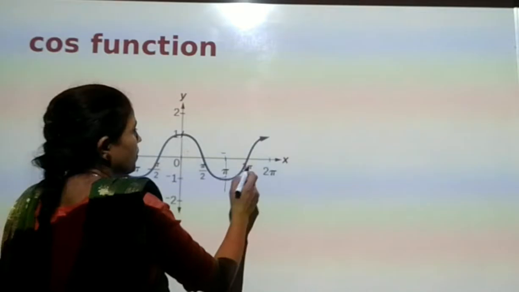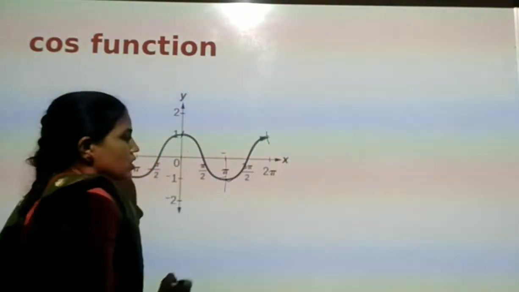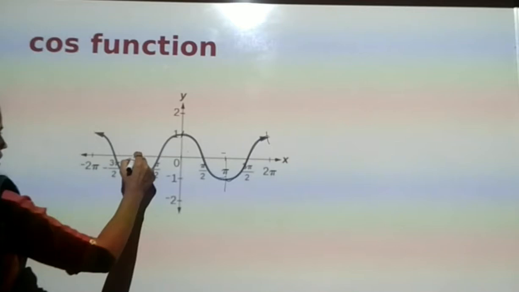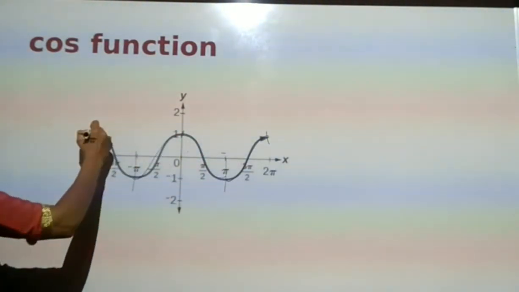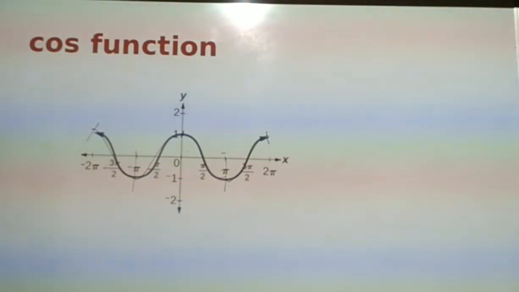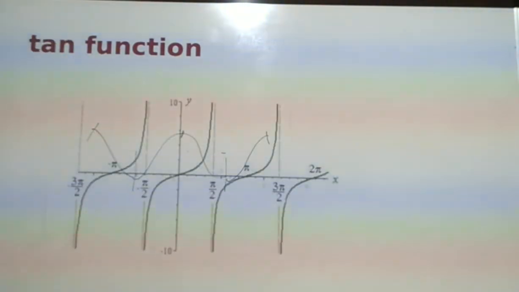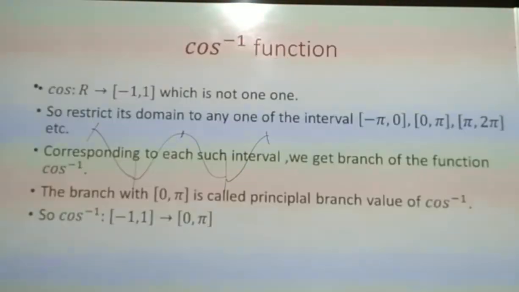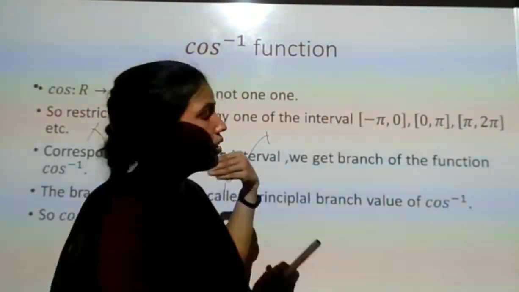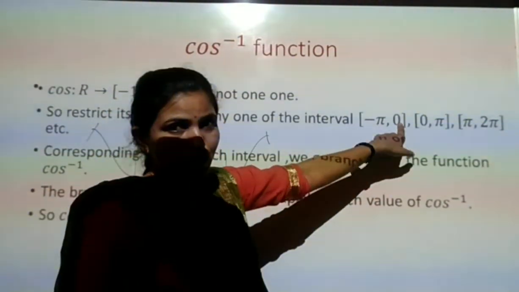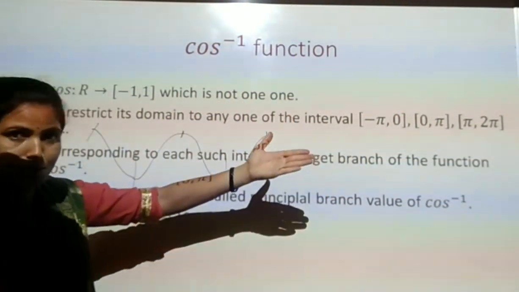Similarly, for pi to 2 pi, your function will again become 1-1. Similarly, minus pi by 2 to 0, the function will become 1-1. Similarly, minus 2 pi to minus pi, the function will become 1-1. Therefore we can restrict its domain to the intervals 0 to pi, pi to 2 pi, 2 pi to 3 pi, and on this side minus pi to 0, minus 2 pi to minus pi, and so on.